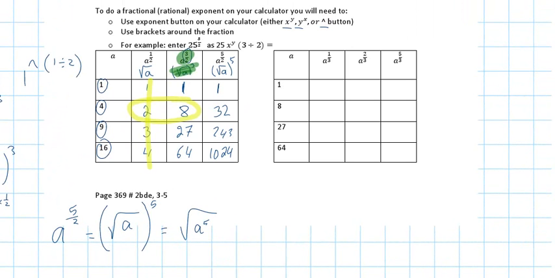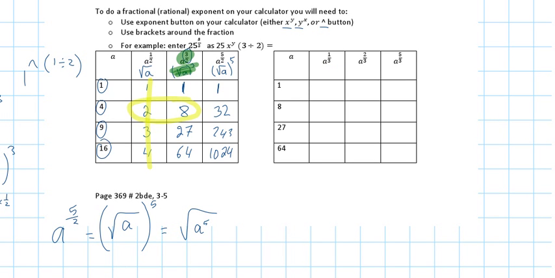Cube root, because my denominator is 3. So cube root of 8. I want you to do cube root of 1. Cube root of 8, it's going to be 2. Cube root of 27, 3. Cube root of 64. Good.